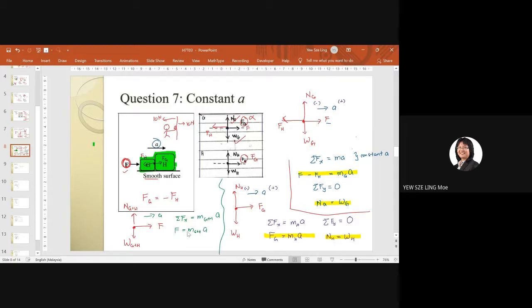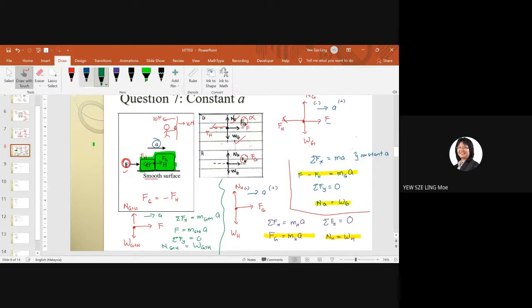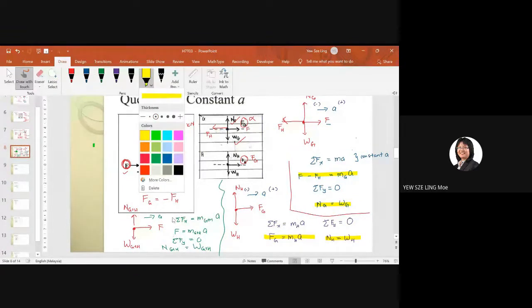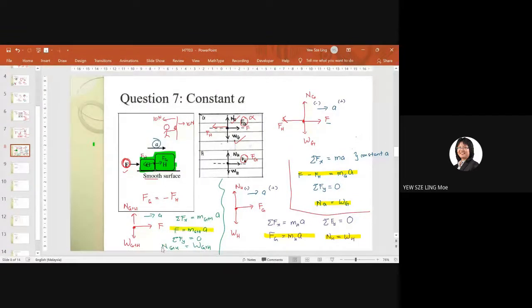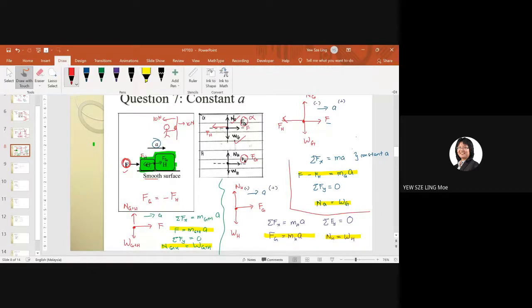And then summations Fy again is equal to 0. What do I have? I have N(G+H) equals W(G+H). So another two equations. So basically, based on this diagram itself, I can have 6 equations. So it depends on how you are going to apply them in order to solve the question.